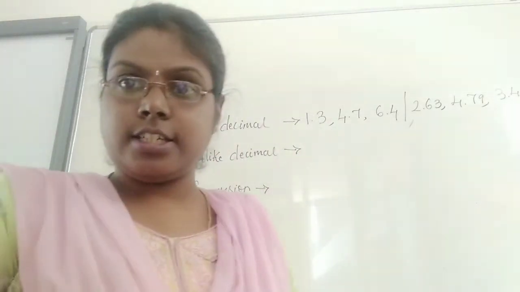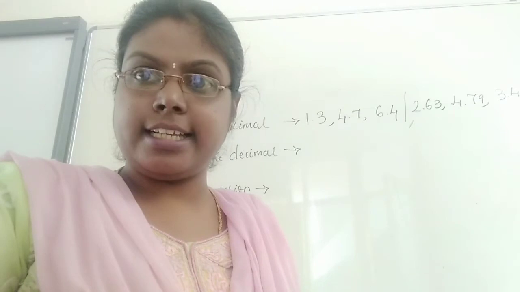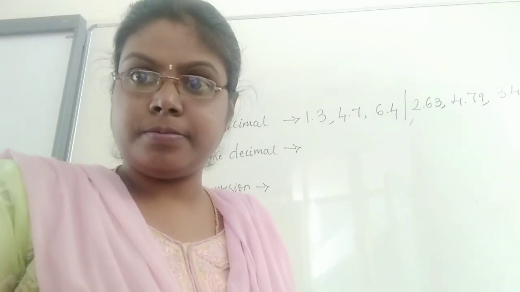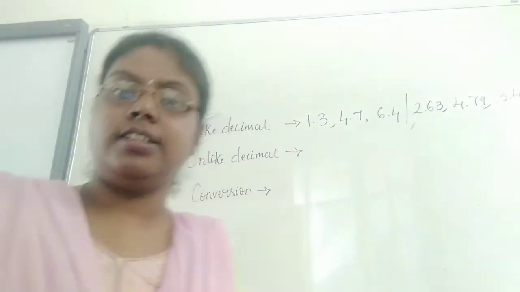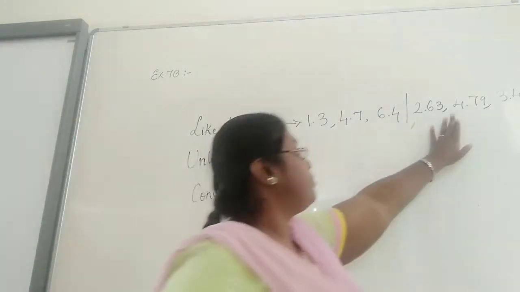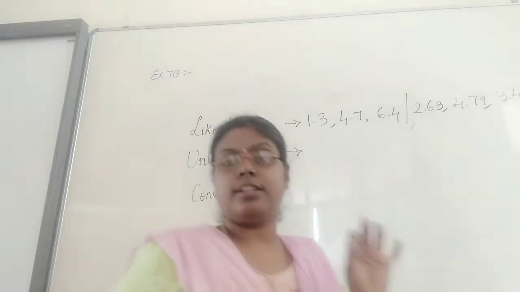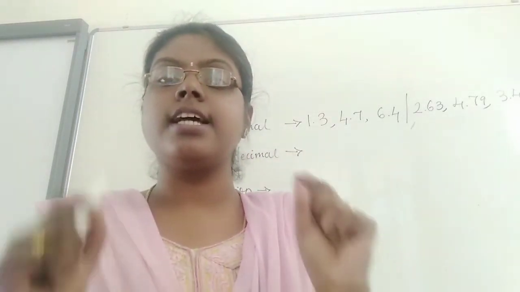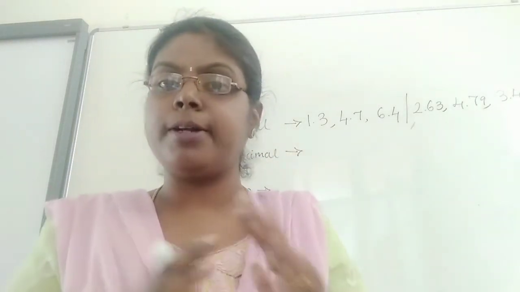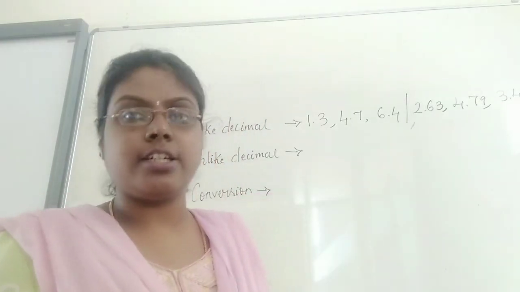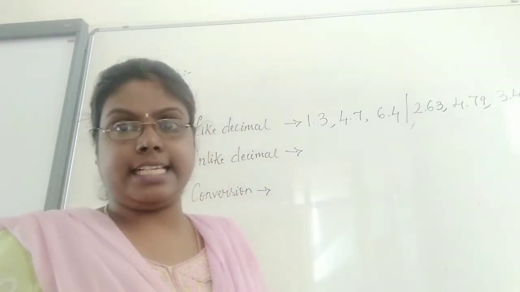So such decimals are said to be like decimals. So these are the examples for like decimals. Like decimals are those decimals which have the same number of digits after the point.